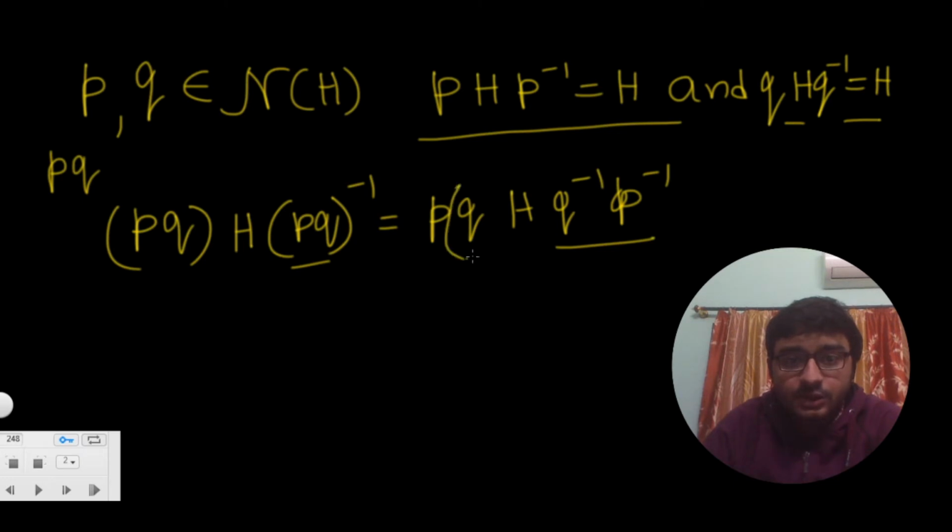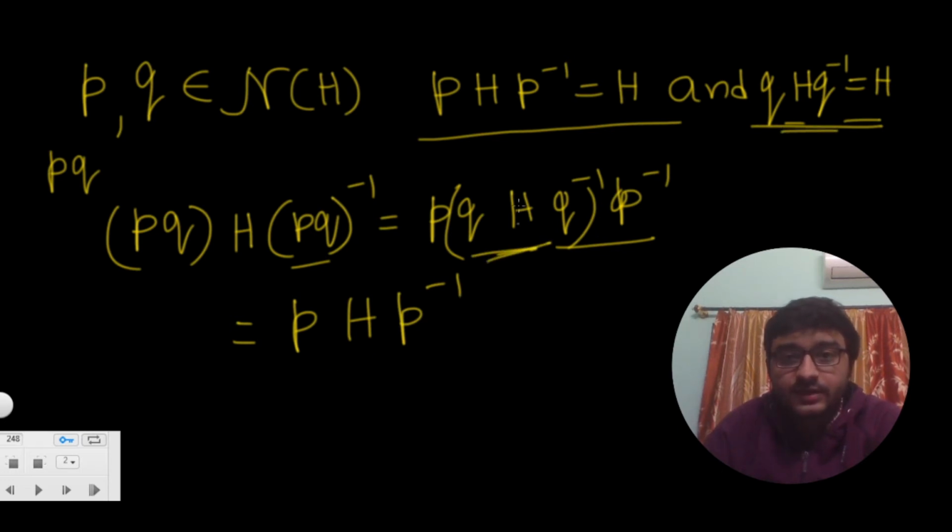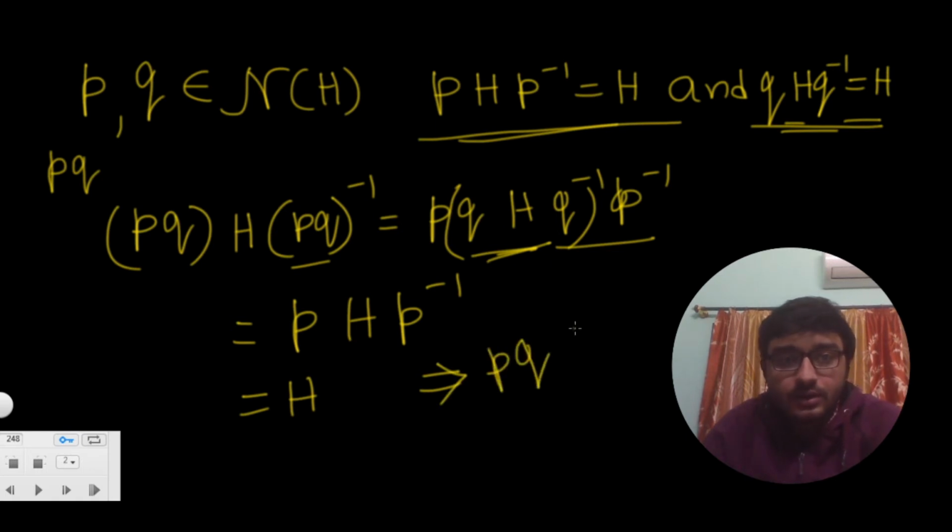Now qHq inverse is equal to H, so putting the value here, we get pHp inverse, and this pHp inverse is equal to H. This implies that pq belongs to N_H. This is the first thing.